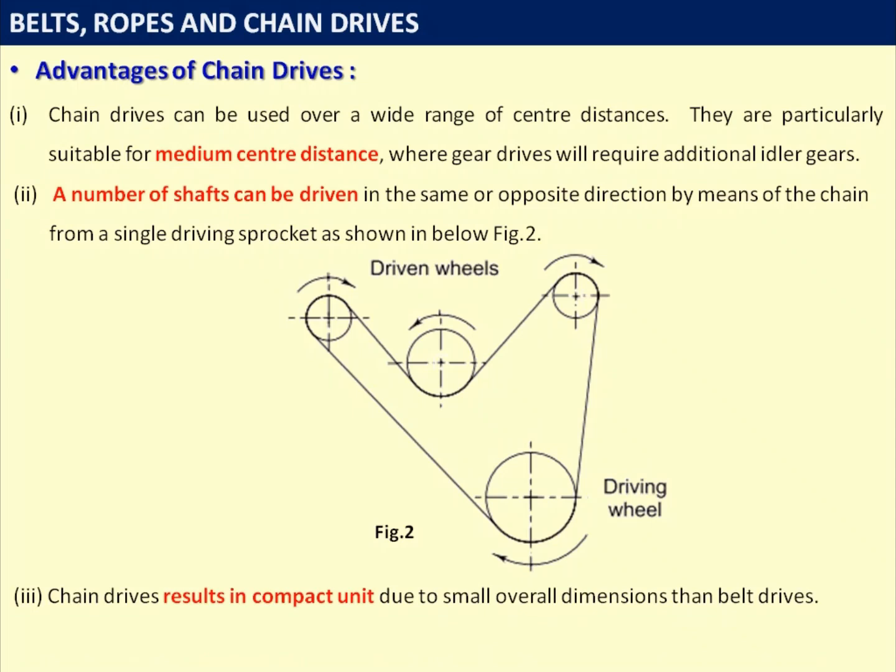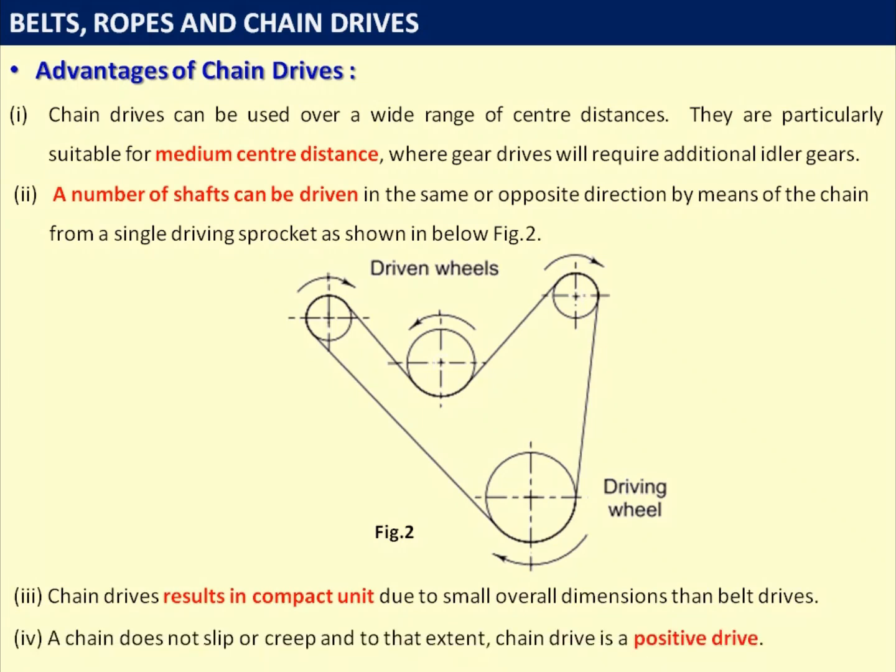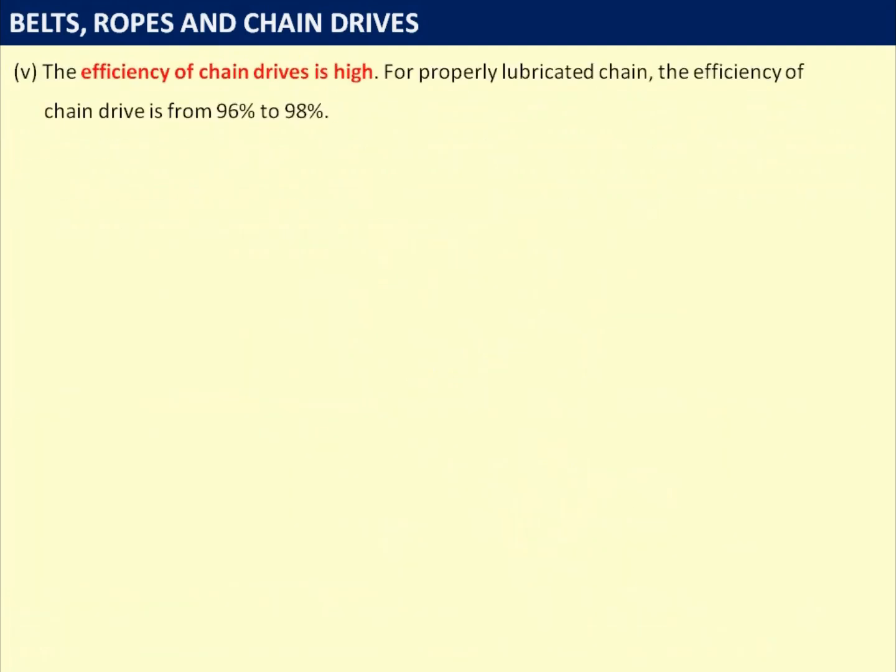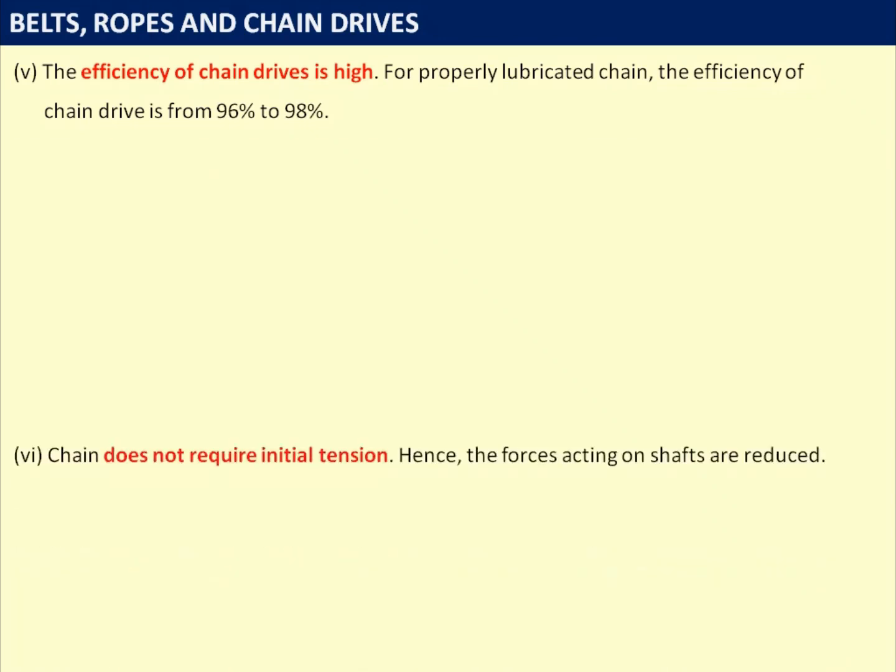Third advantage, chain drives result in a compact unit due to smaller overall dimensions than belt drives. A chain does not slip or creep, and to that extent chain drive is a positive drive. The efficiency of chain drives is high. For a properly lubricated chain, the efficiency of chain drive is from 96% to 98%.